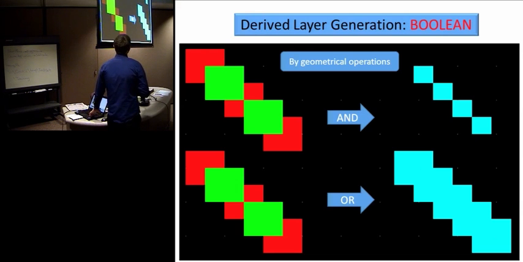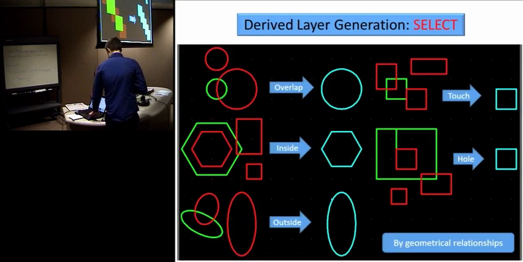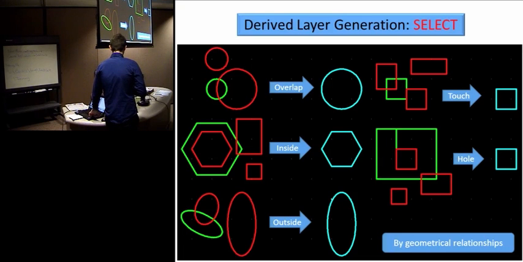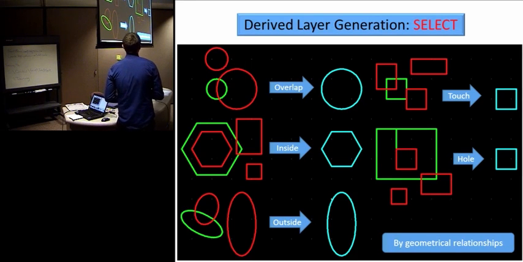And then we have the same over here. We can create layers using any of these features. So if things are inside one another, if something overlaps, we're able to create a separate layer from that entity.